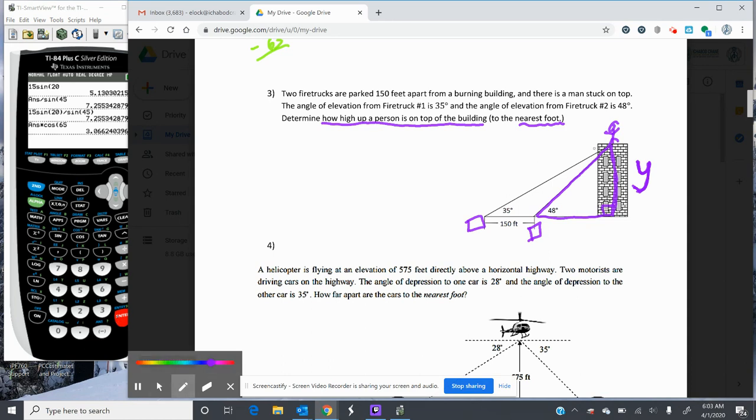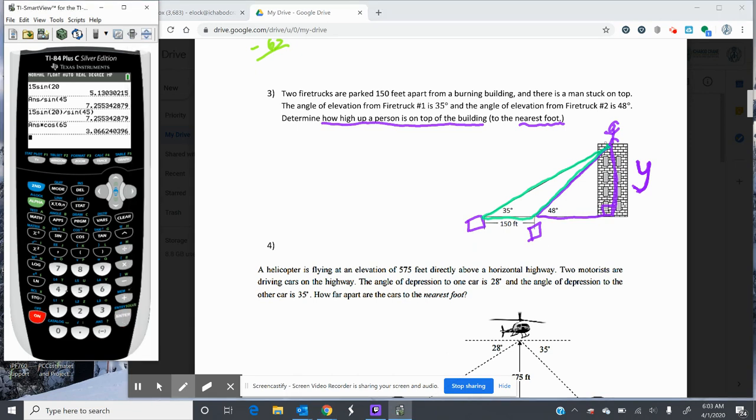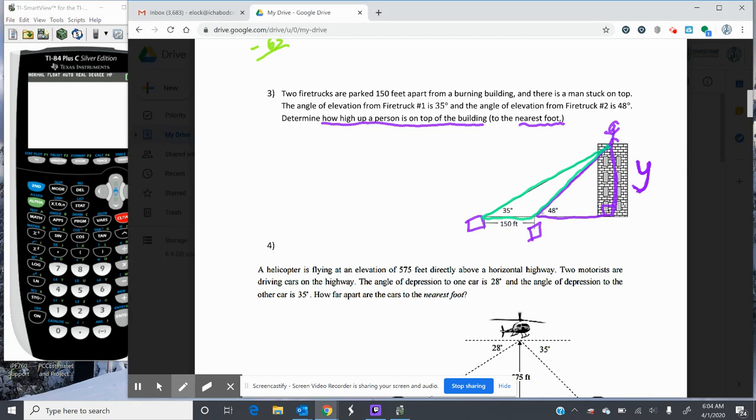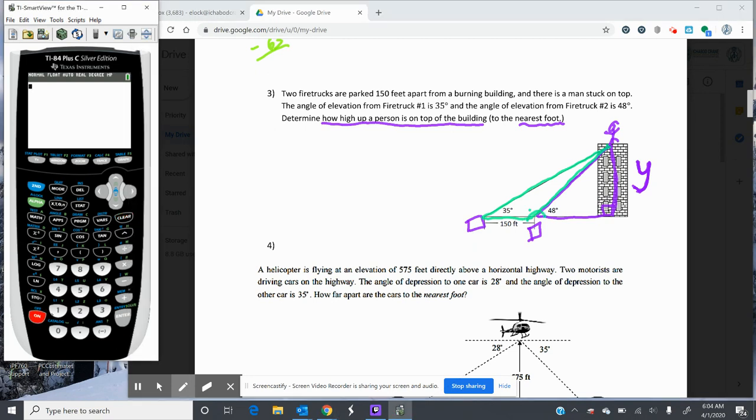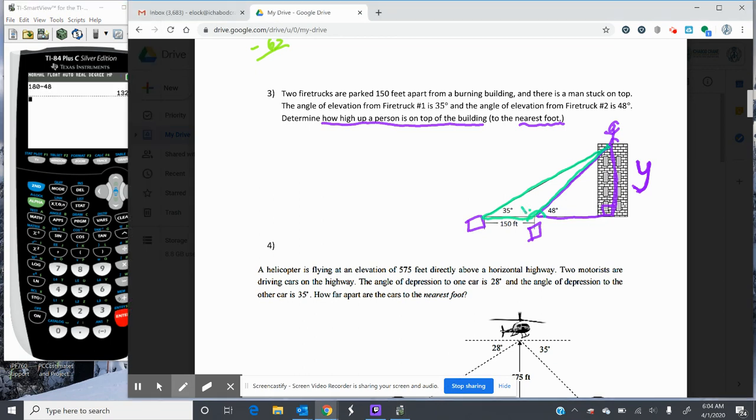And then we also have the second triangle where we have the 150 and 35 degrees. Now remember, we know this other angle at fire truck 2, that's 48. This angle right next door, that obtuse angle, is 180 minus 48. Just check my math this morning, is going to be 132.